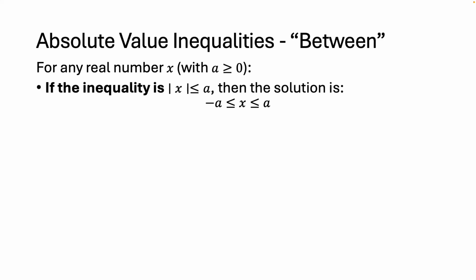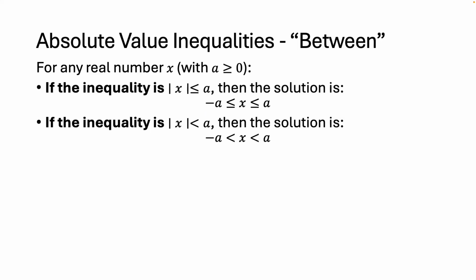For any real number x, with a greater than or equal to 0, if the inequality is the absolute value of x is less than or equal to a, then the solution is x is greater than or equal to negative a, and x is less than or equal to a. In other words, x is between negative a and a, including the endpoints.